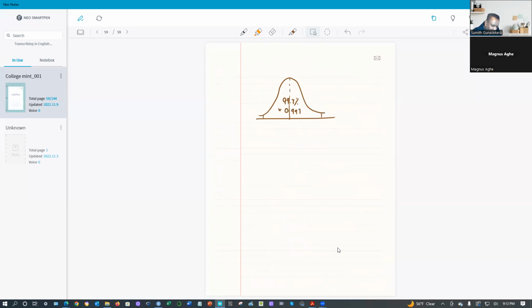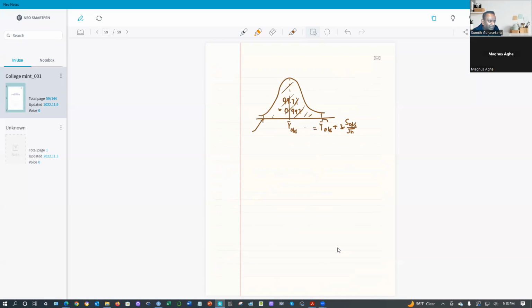You have y bar ops in the center. They say y bar ops plus 3 times S ops over square root 10. In a similar fashion, this is the upper bound.